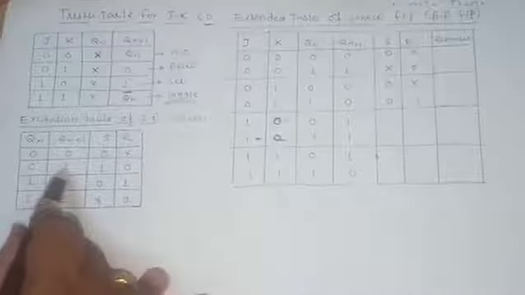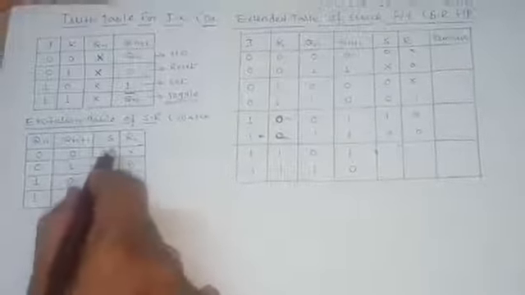Similarly, 0 1 0 1, see this particular excitation for SR, will get S and R as 1 0. Similarly, 1 1 1 1, for that don't care, 0. 0 1 will get S as 1, R as 0. So we'll have 1 and 0.